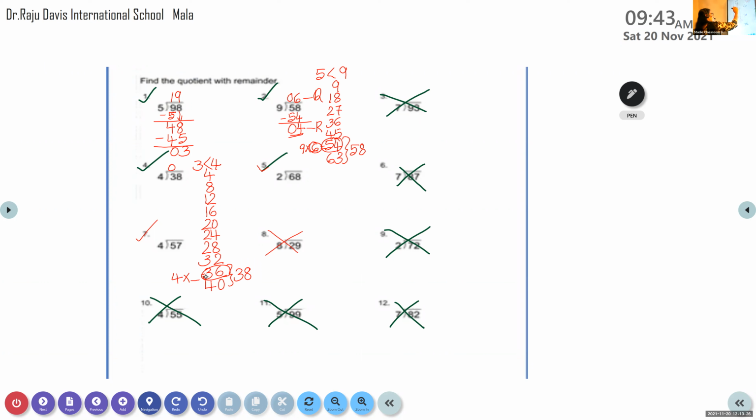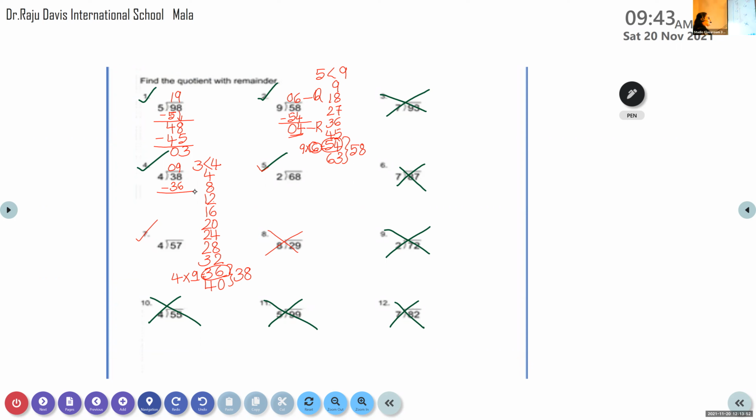So just count here. 1, 2, 3, 4, 5, 6, 7, 8, 9. 4 into 9 is 36. That 9 will go up as quotient and the product 36 will be down below the dividend 38.